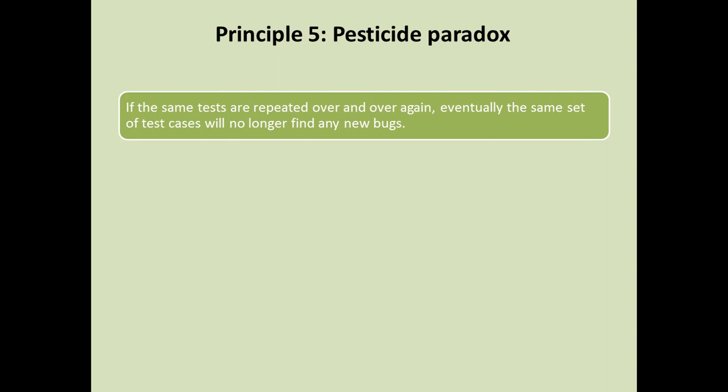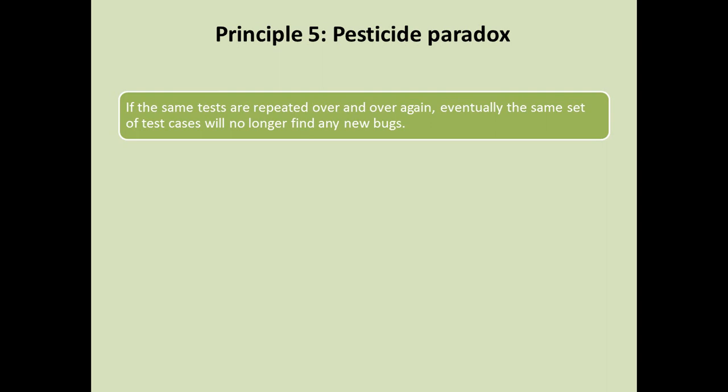You are not going to find any new defects with those test cases, because whatever defects were associated with them have already been found, fixed and rectified. So the same set of test cases will no longer find any new bugs for you. That is what pesticide paradox means.